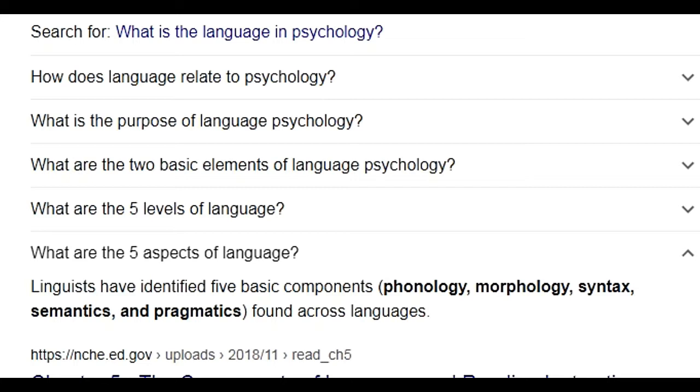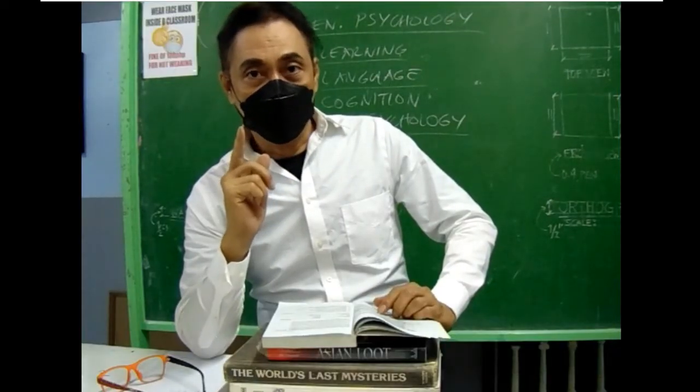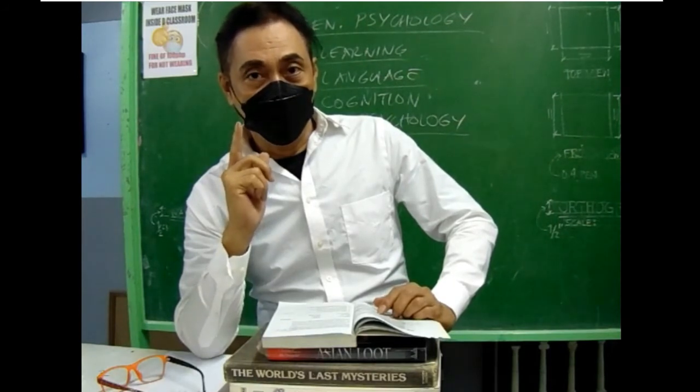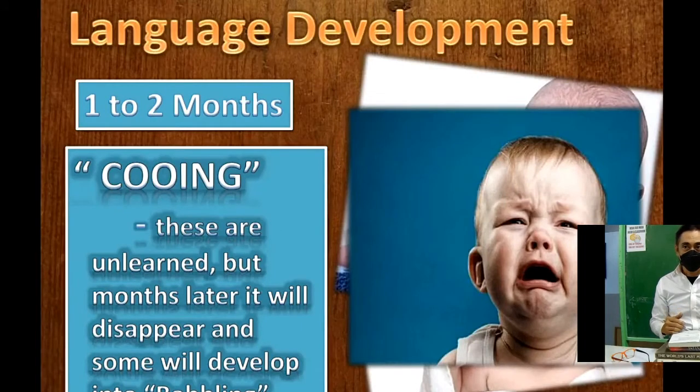Okay, let's continue, guys, with our topic, language in the early period of childhood. Today's topic is about language development in psychology. Now, let's take a look at the 1 to 2 months development of a child.